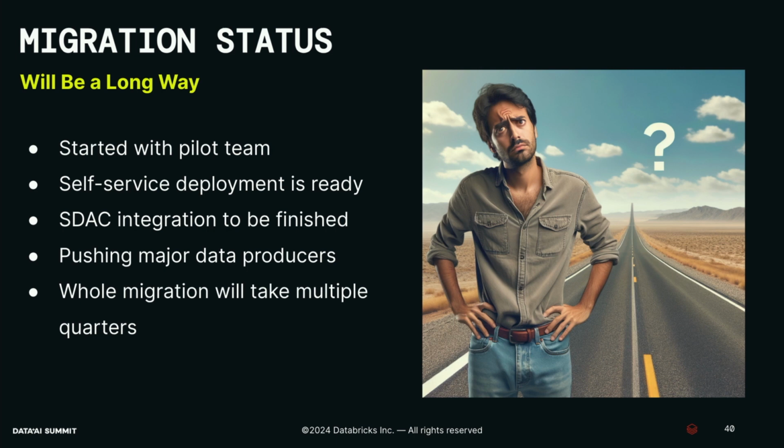The self-service deployment with AWS Service Catalog as the, let's say, deployment helper, this is already ready. We are currently working on the SDAC integration to be finished. And next thing is also push the major data producers to use Unity Catalog so that for the data consumers, it's much easier to adopt this.